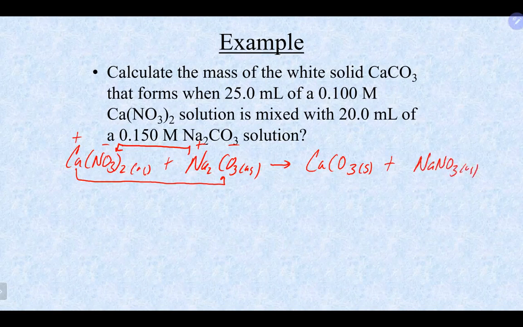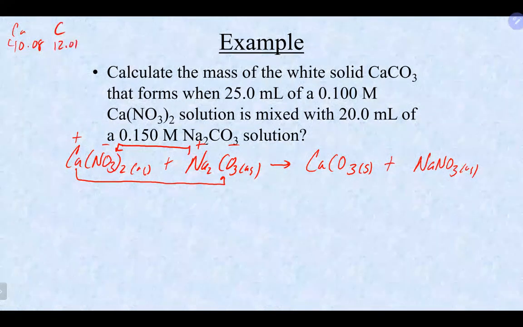So at this point, I'll let you pick it up with balancing it. And we're looking for the mass, so I'll give you some numbers. Calcium is 40.08. Carbon is 12.01. Oxygen is 16.